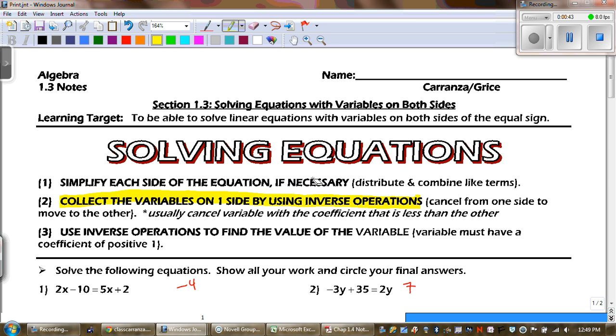Okay, so cancel from one side or move to the other. And what we're going to be doing is cancel the variable with a coefficient that is less than the other. And the last one is to use inverse operations to find the value of the variable. AKA that last step is saying that we need to use SADMAP to solve.